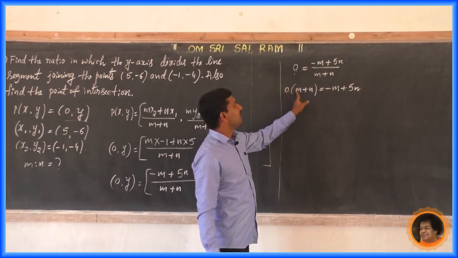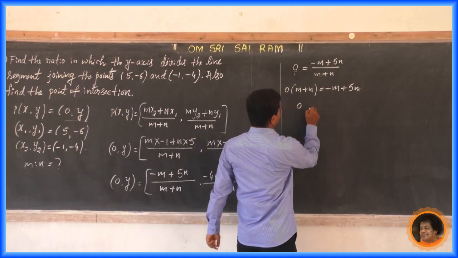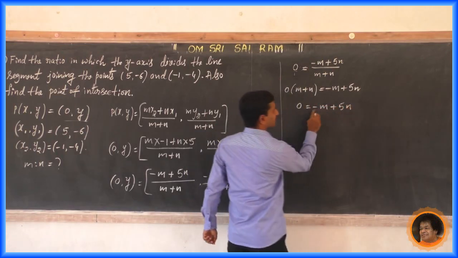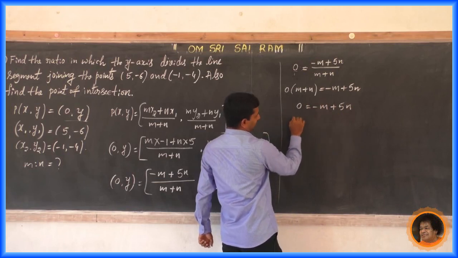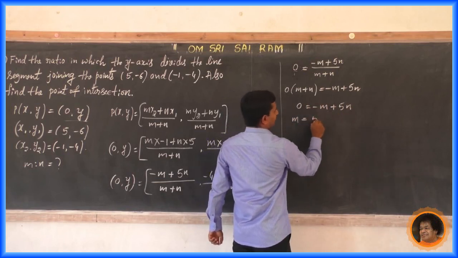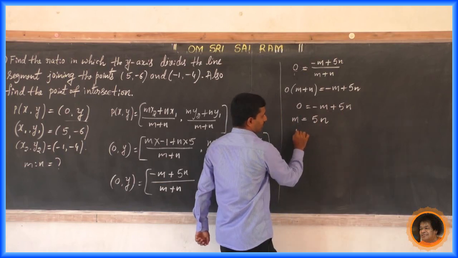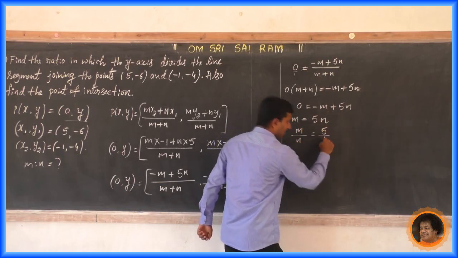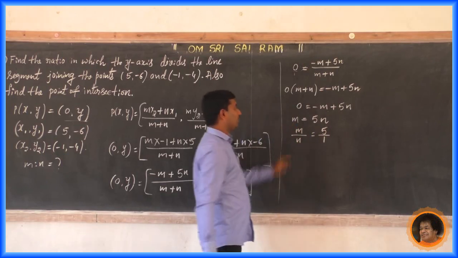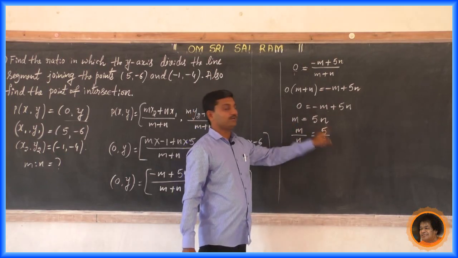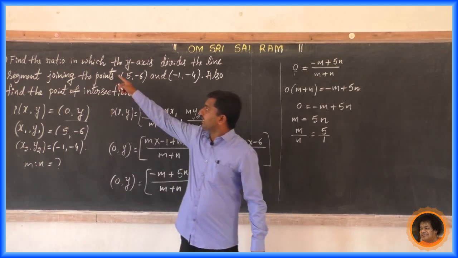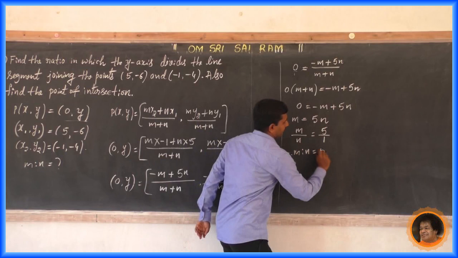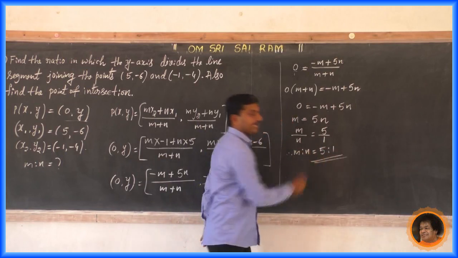So therefore 0 equal to minus m plus 5n. So transpose minus m to the left hand side, it becomes plus m equal to 5n, or the ratio m divided by n equal to 5 divided by 1. So here the numerical coefficient is 1, so therefore 5 divided by 1. Find the ratio. So therefore m is to n equal to 5 is to 1. So this is the required ratio.